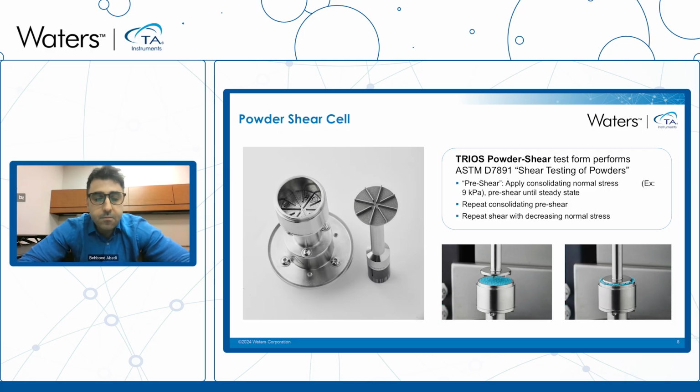The first thing I want to mention, which you can see in these figures too, is that for the powder cell, your cup and upper disc are serrated. You have some veins on it, because for consolidation you use the disc, but when you want to apply shear, you want to grip the powder, you don't want it to slip.